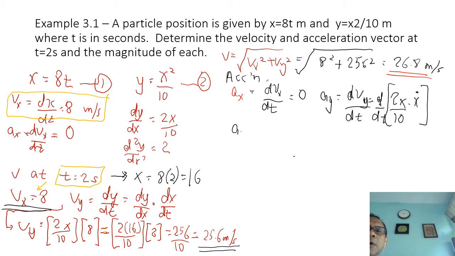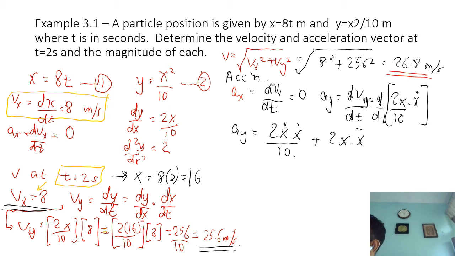So we will get ay equals 2 x dot squared over 10, plus 2x x double dot over 10.